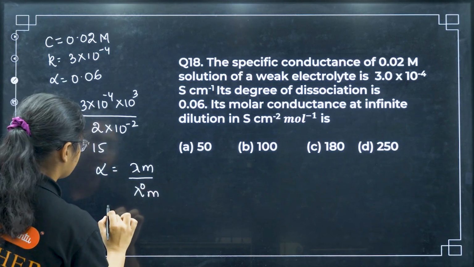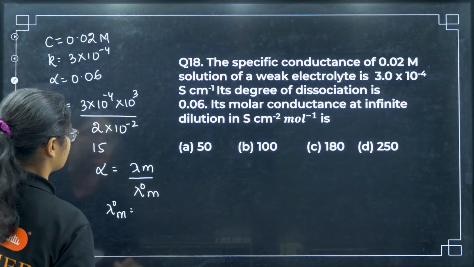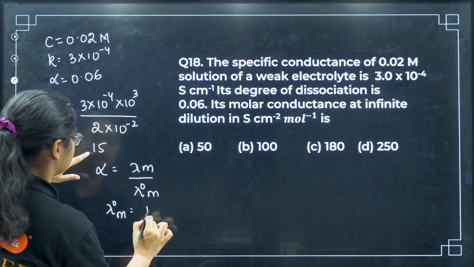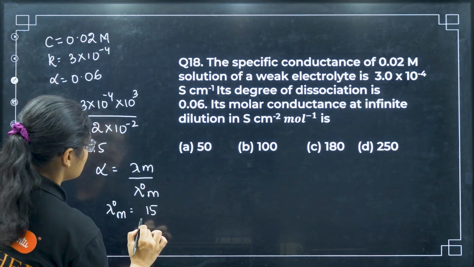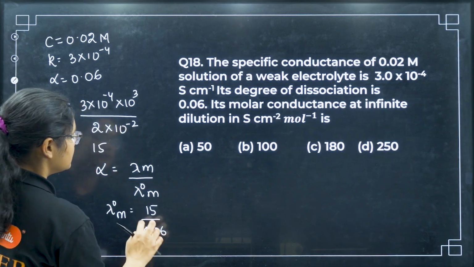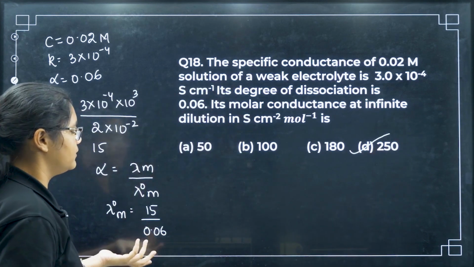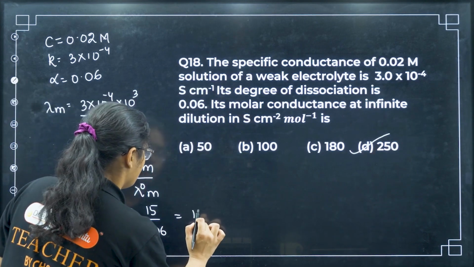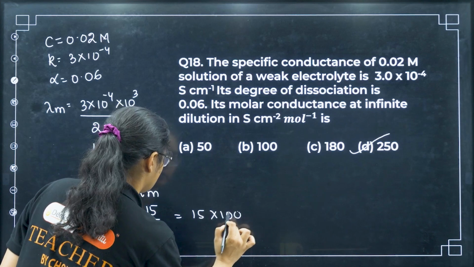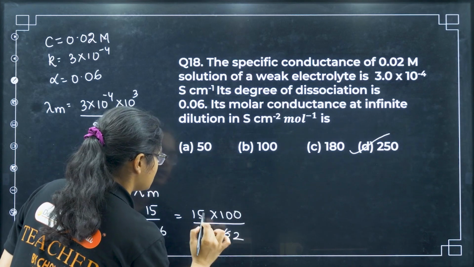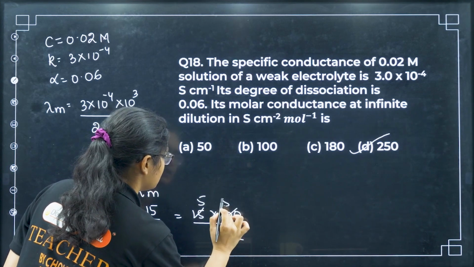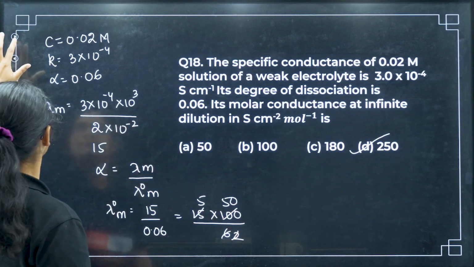Now what I want to calculate, lambda naught m will be equal to lambda m, that is 15, divided by alpha, whose value is 0.06. So if I solve this, you will get 250, that is option number D. So it is like 15 into 100 divided by 6. 3 2s are 6, 3 5s are 15, 2 1s are 2, 2 50s are 100, 250 you will get.